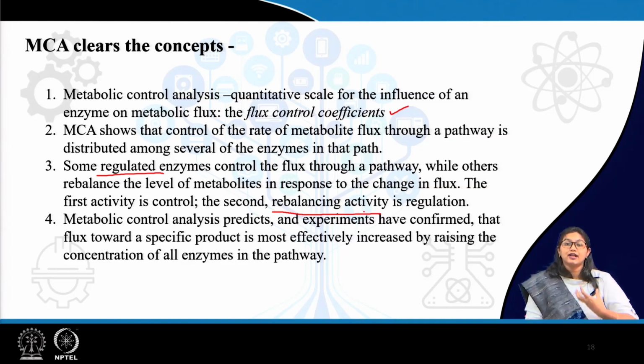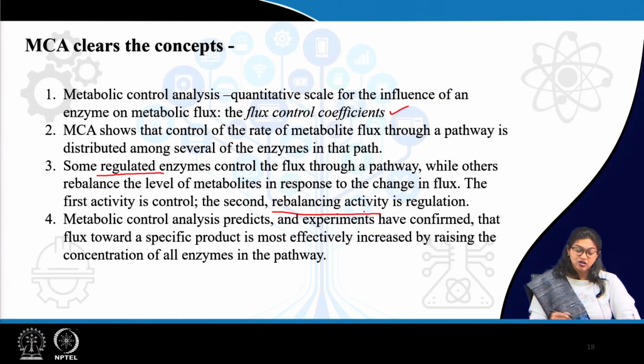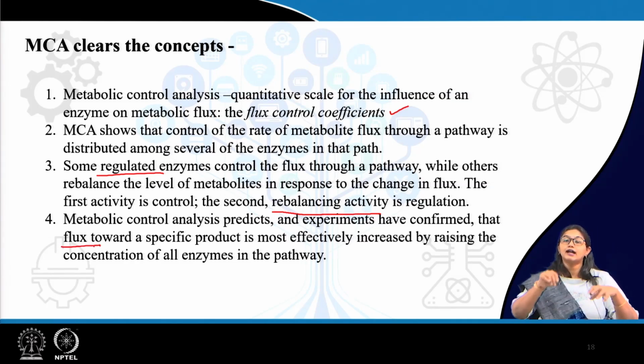So, as a whole in a pathway, if the individual enzyme concentration is increased via overproduction or external provision, in that case the flux of that pathway can be increased without hampering the other metabolic pathway in the body. So, this is how metabolic control analysis not only discusses how, it discusses how much. It is the quantitative representation of metabolism.